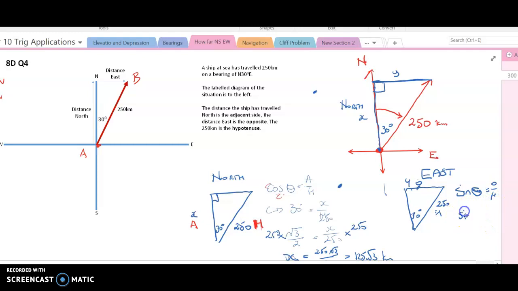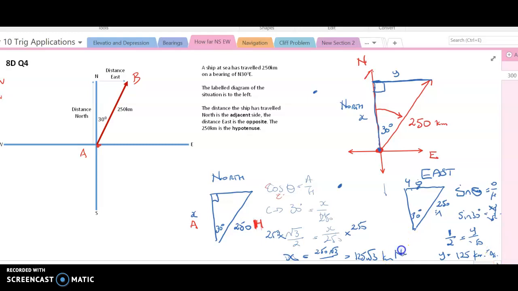So sine 30 degrees equals y over 250. Remember, sine 30 degrees is a half, just like Sheldon in the Big Bang Theory, equals y on 250. So y equals 125 kilometers east.